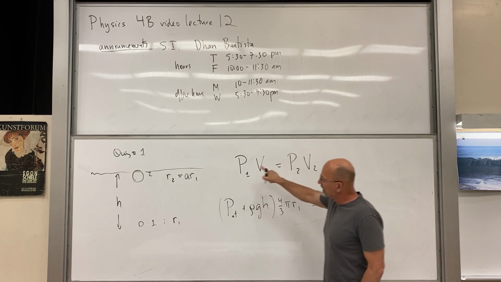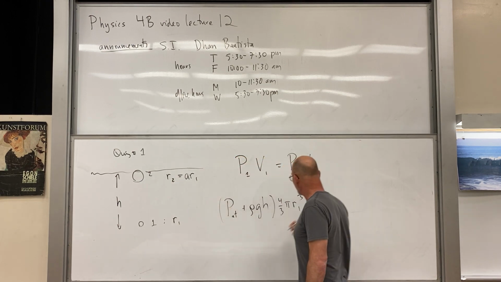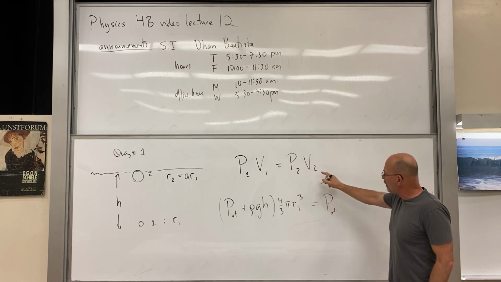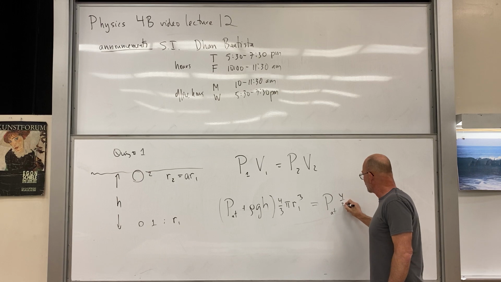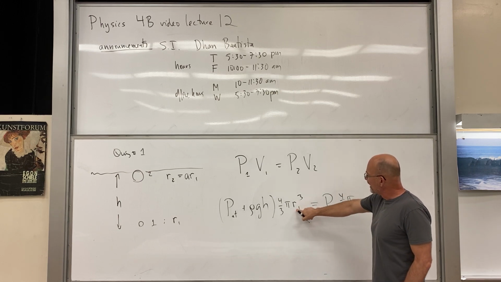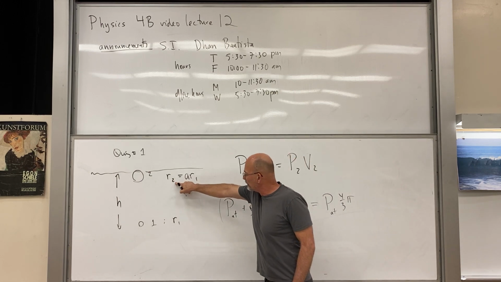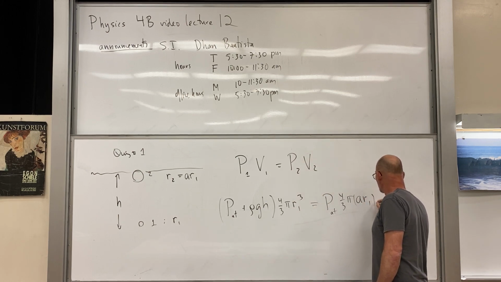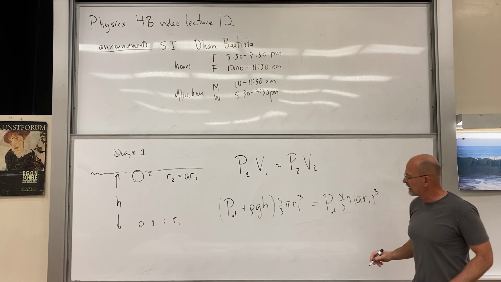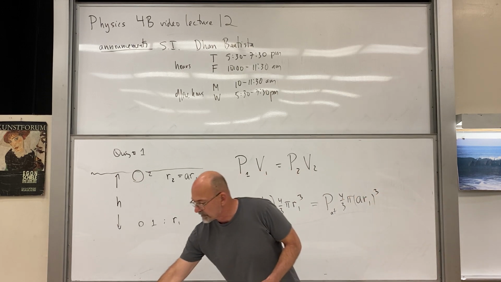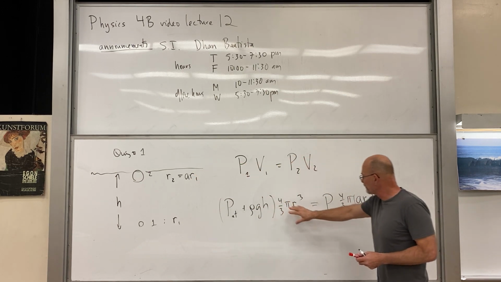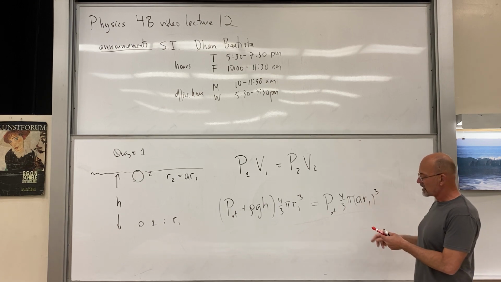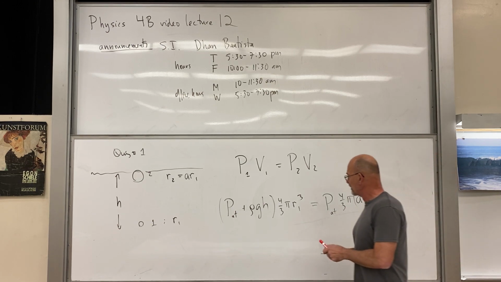Now, up at the surface we again have the atmospheric pressure, and the volume is 4/3 pi. The new radius is R2, so we can write A times R1, cubed. And a lot is going to cancel here. 4/3 pi R1 cubed is going to cancel. We're just going to have A cubed on the right side.